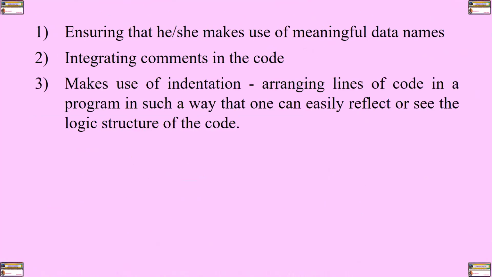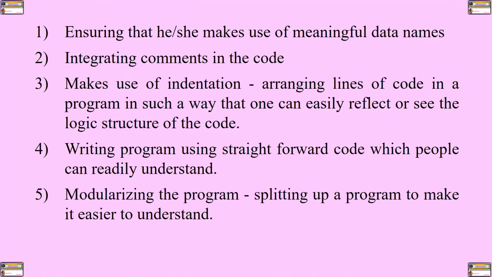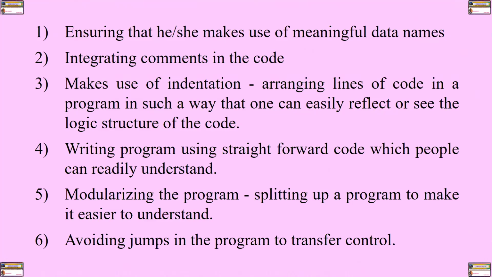Number 3 is to make use of indentation, that is, arranging lines of code in a program in such a way that one can easily see the logic structure of the code. Number 4 is writing the program using straightforward code, which people can readily understand. Number 5 is modularizing the program. This is splitting up a program to make it easier to understand. Number 6 is avoiding jumps in the program to transfer control.